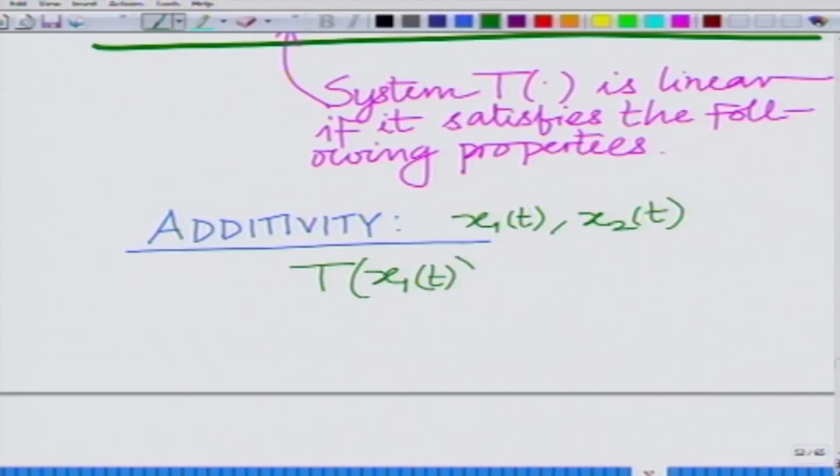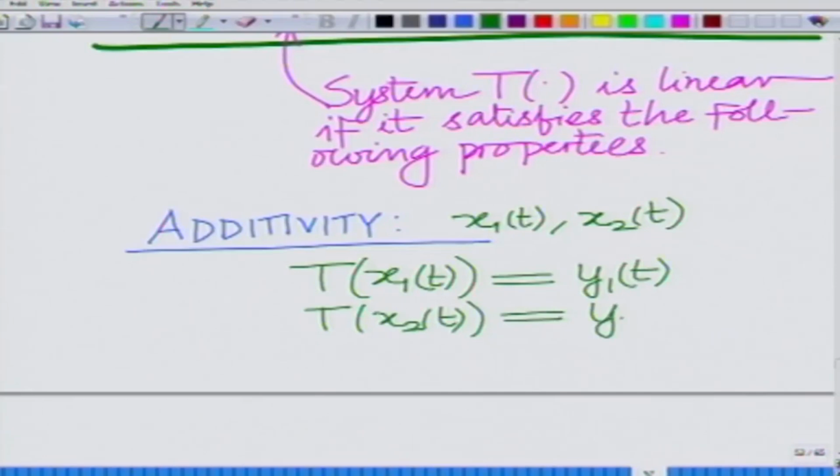input x1(t), that is T of x1(t) equals y1(t), that is, input x1(t) produces y1(t), and input x2(t) produces, let us say, output y2(t).